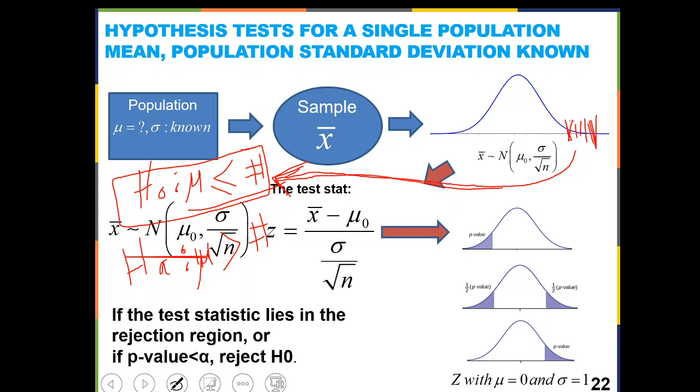But if the H naught or null hypothesis is less than or equal to, then the alternative hypothesis is greater than, and that tells us where we should look for numbers. So if that's the case, then we have a right tail test. That means we're looking for numbers on the right tail. We don't care about the left one, because the left tail doesn't provide anything.